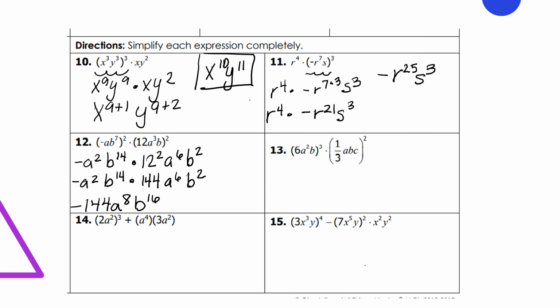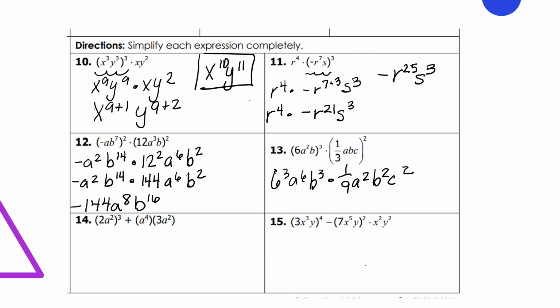Okay, one more. Hopefully the battery won't run out. 1/3 of 6. Oh, I got to square these first. So 6 cubed, a to the 6th, b to the 3rd, times 1/9, because I'm going to square it, a squared, b squared, c squared.